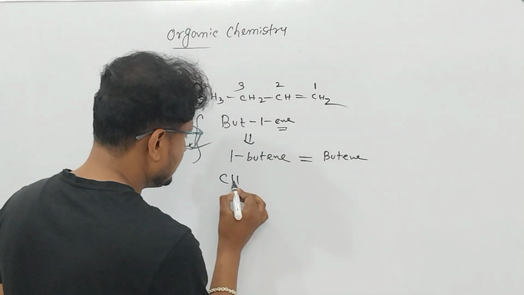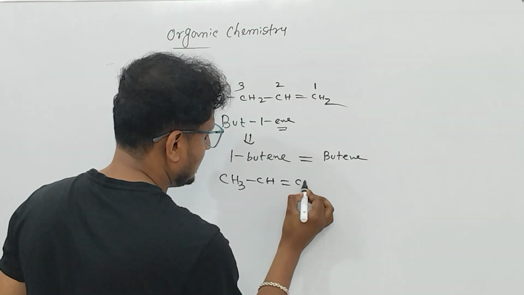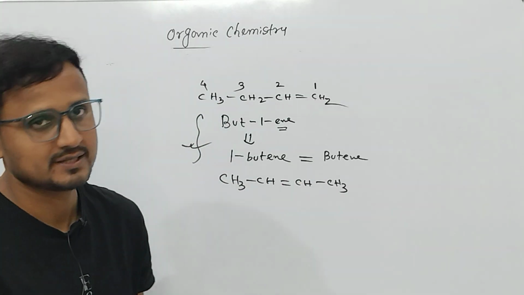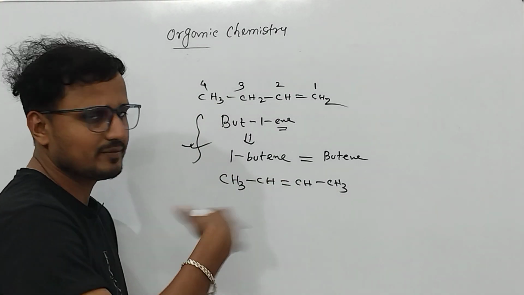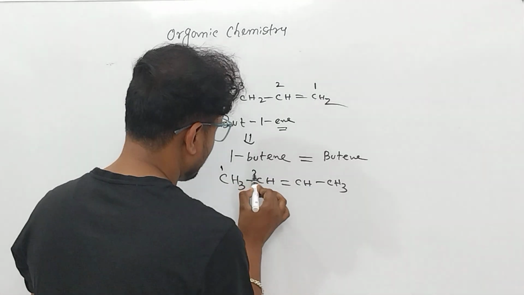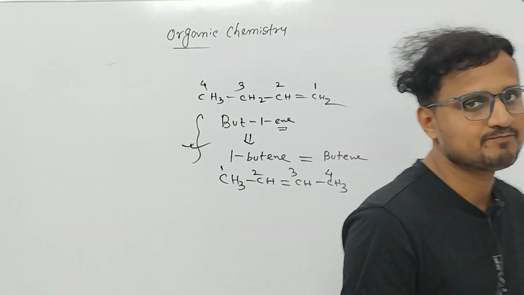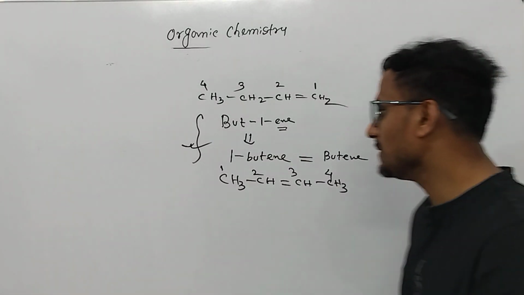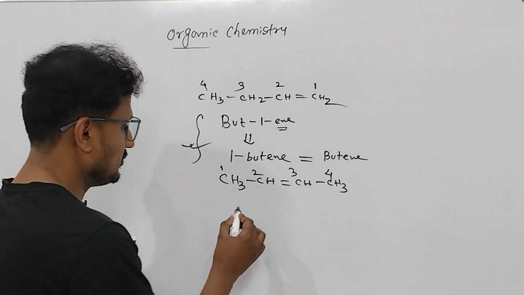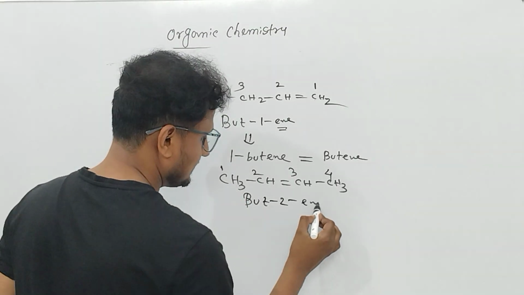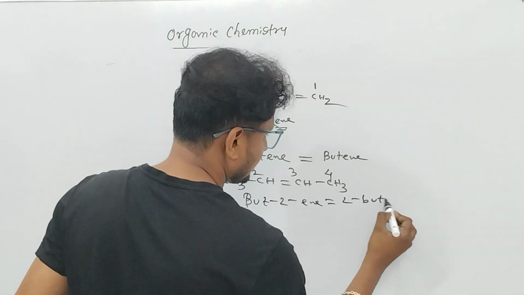Now suppose if I change the position of the double bond, CH3 CH double bond CH CH3, you can number from any one of the end. You can number from this end or that end. Okay, so how many carbons are here? 4 carbons are here. 4 carbon means bute, and after second carbon you have in, so it is 2 butene.